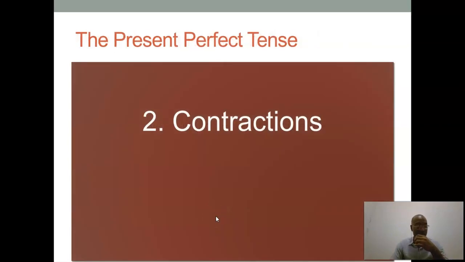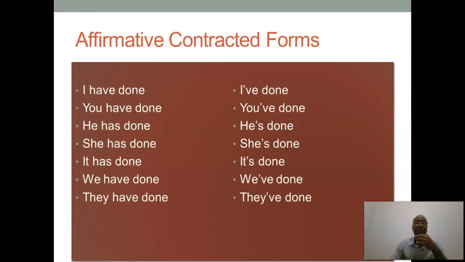Now, let's look at contractions. In spoken English, it's recommended to use contractions. I have done is contracted to I've done. So it's pronounced I've. How do you know if you pronounce it well enough or correctly?